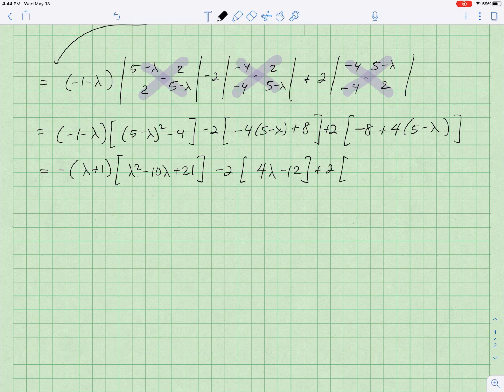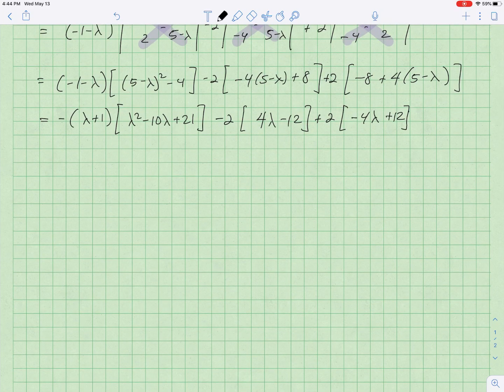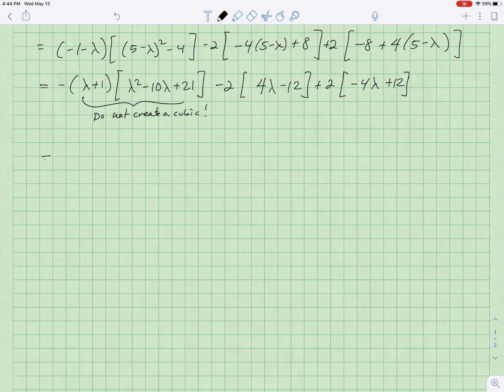Plus 2 times negative 4 lambda plus 12. And I'm not going to create a cubic. Do not create a cubic. That's maybe the subtle part there. So let's just keep factoring as best we can.